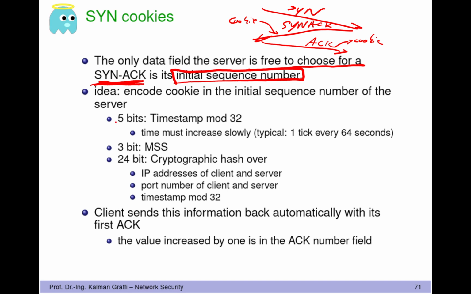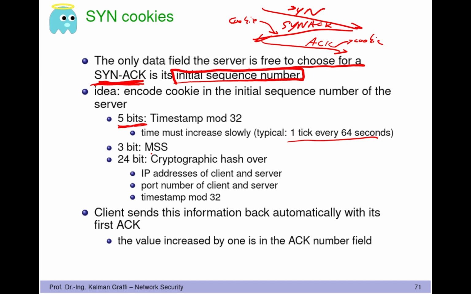So we have 5 bits for the timestamp. Let's say we give it 1 tick is 46 seconds or so. It's not very precise. You can make it more detailed, but that's fine.